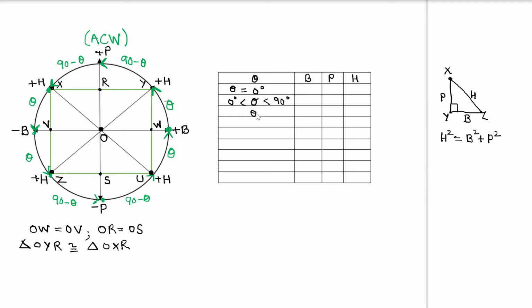Next, we can take theta equal to 90 degrees, followed by theta greater than 90 degrees but lesser than 180 degrees. The next value of theta that we can take here is theta equal to 180 degrees. I hope by now you would have understood that the value of theta is nothing but the angle which the so-called line makes with the positive direction of the x-axis.